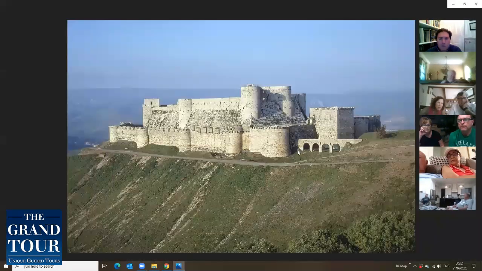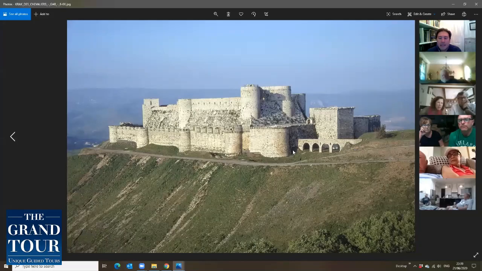Because not long before he arrived in the Holy Land during the Crusades, this castle here, the Crac des Chevaliers in Syria, so it's in the Holy Land, was one of the last Christian castles, or the Templar castles, to fall to the Arabs, and it fell for one simple reason.